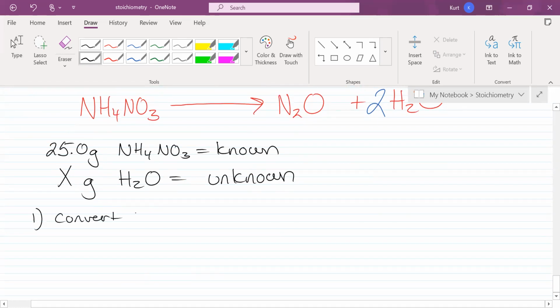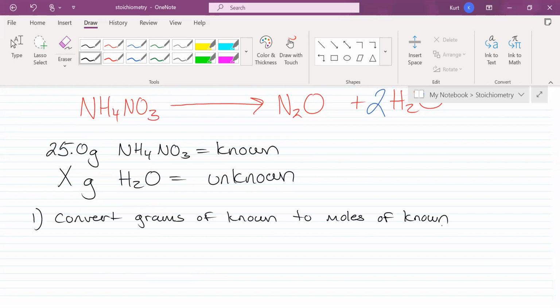Convert grams of known to moles of known. What conversion do we have that lets us go from mass to moles? So we need to find the molar mass of ammonium nitrate. So let's figure this out.